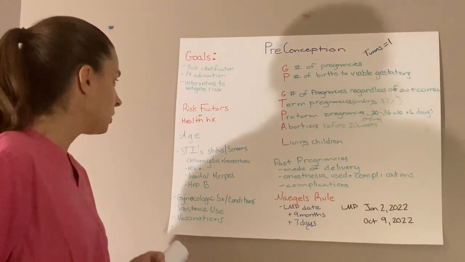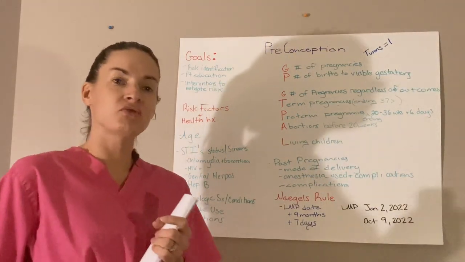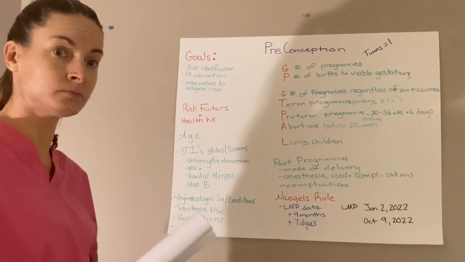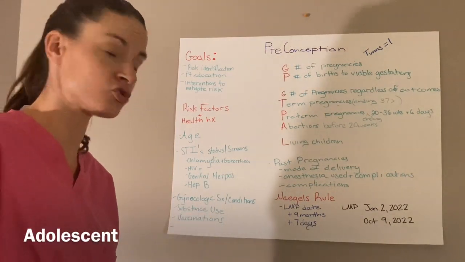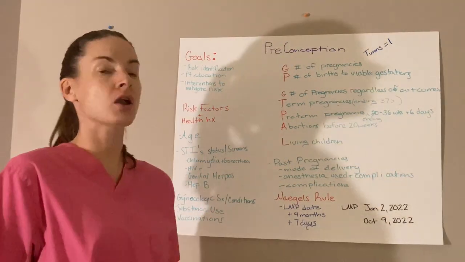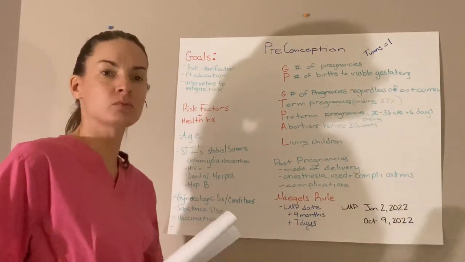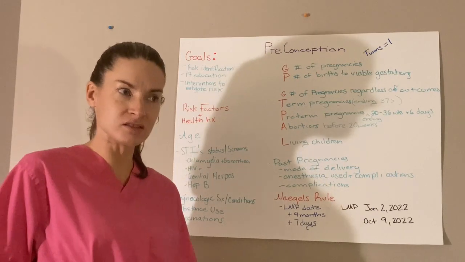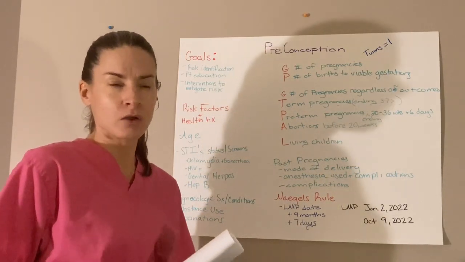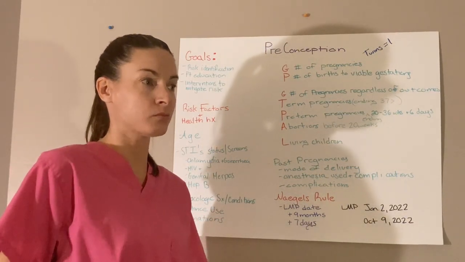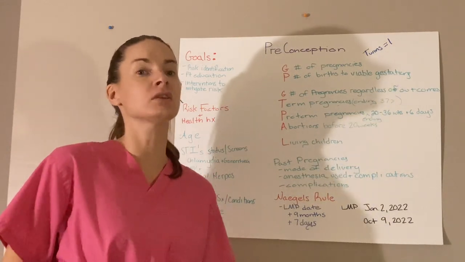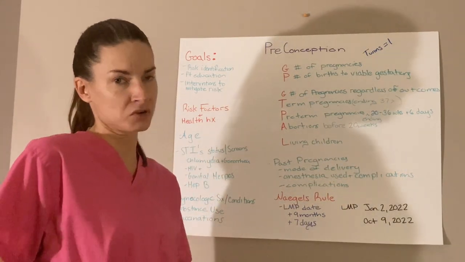Also, if the patient is young and can become pregnant, that is a risk factor as well. What happens with adolescents a lot is the partner doesn't stay with her, so she ends up being alone throughout the whole pregnancy. So she needs a good support system.